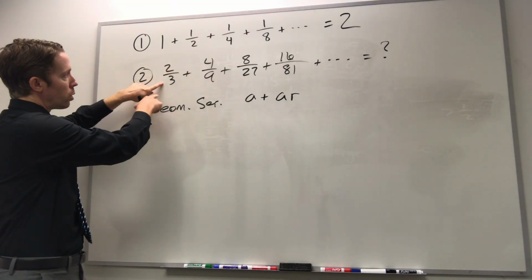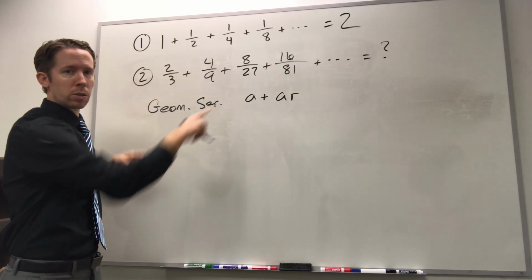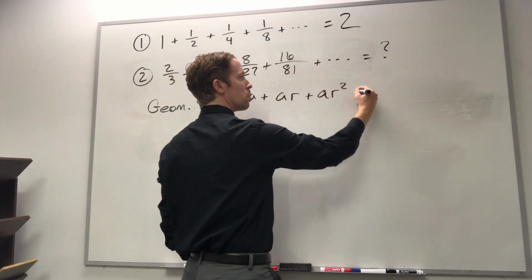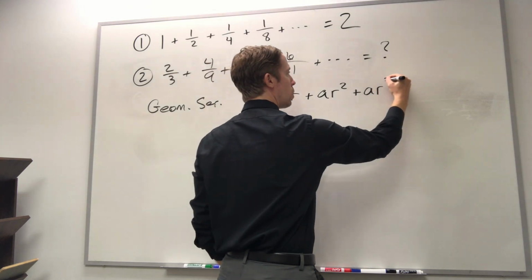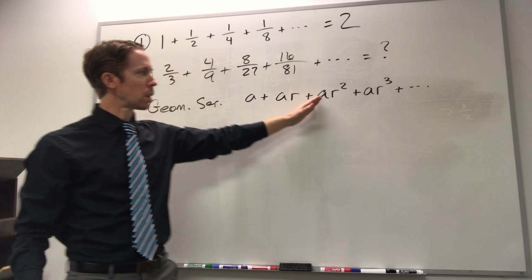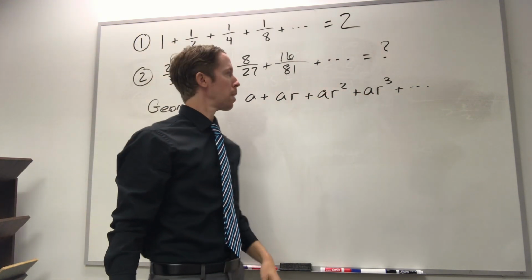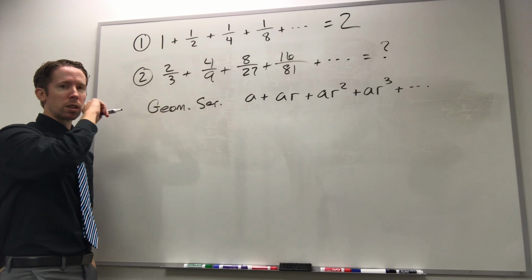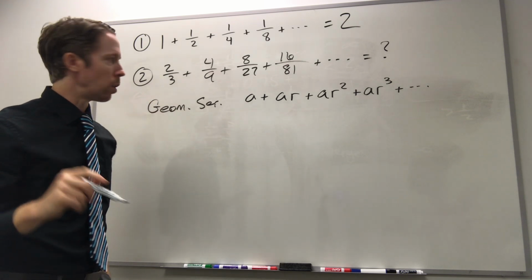Here A is 2/3 and the ratio is also 2/3. But for each term you're just multiplying again by the ratio. So all the terms look the same, but you're just picking up an extra power of that ratio. There are certain conditions under which this gives you something finite and you can say exactly what it's equal to.